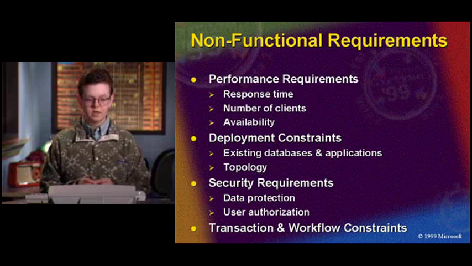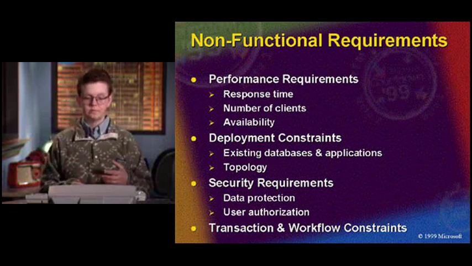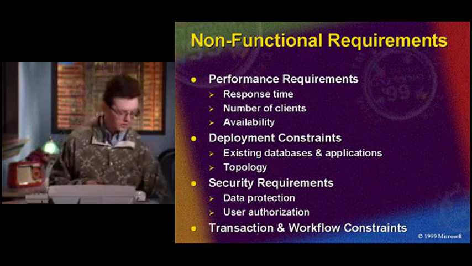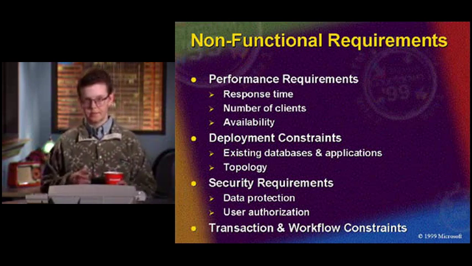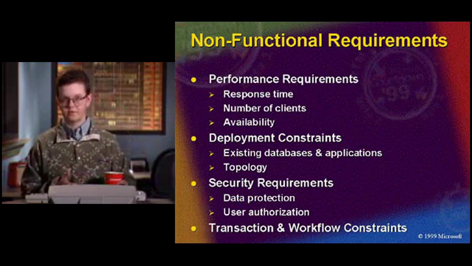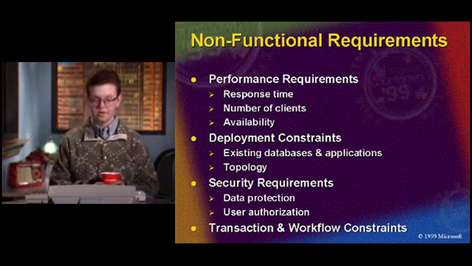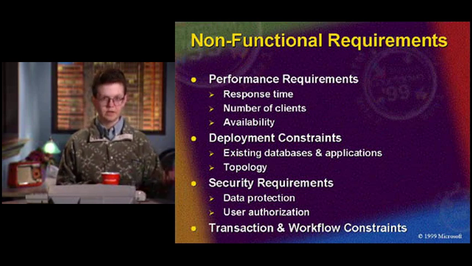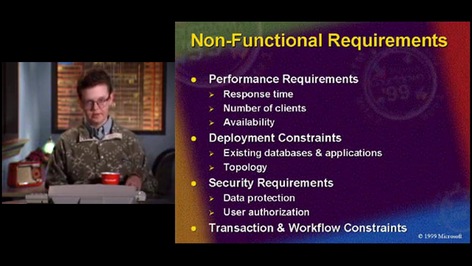For example, the typical example for transactions is if I'm making a withdrawal, or a transfer, excuse me, from my account in my bank, I want to make sure that when I make a payment, the information both comes out of my account and goes into the payee's account. So I don't want money to be taken from my account and not to go anywhere. If it doesn't make it to the payee, then I want to make sure that it doesn't get taken out of my account at all.